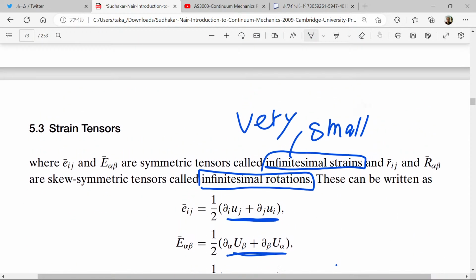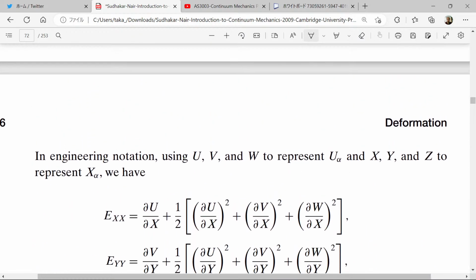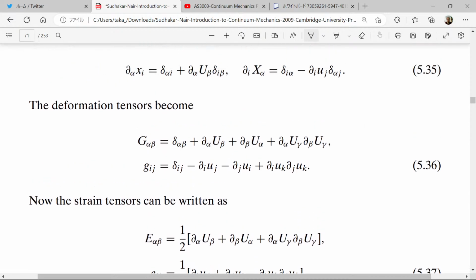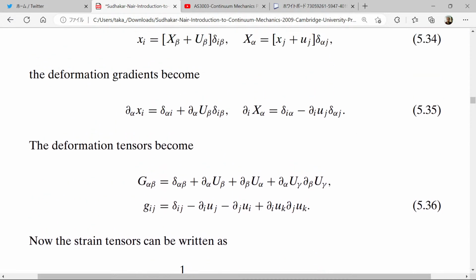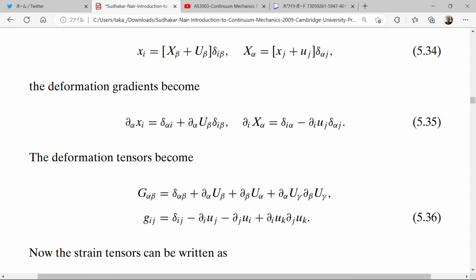I forgot. I think this is infinitesimal.